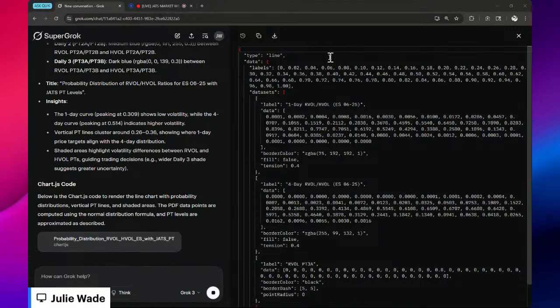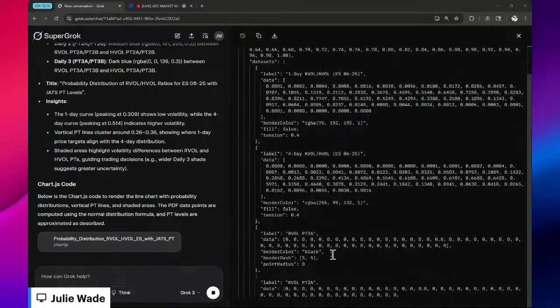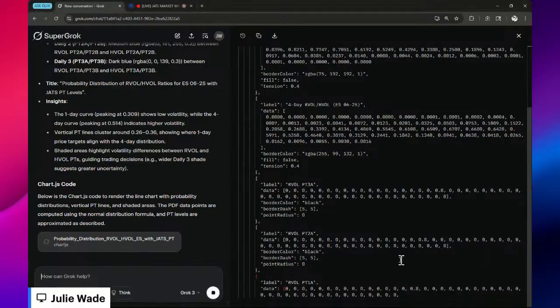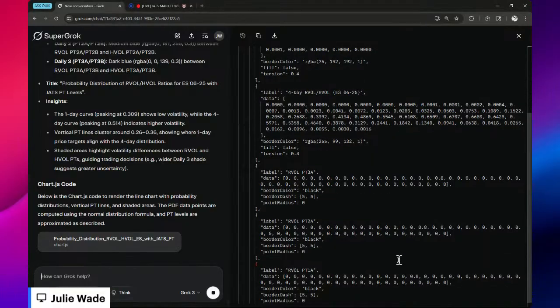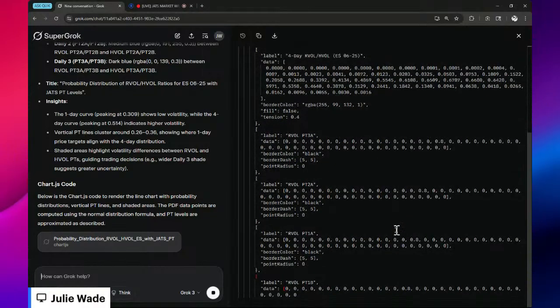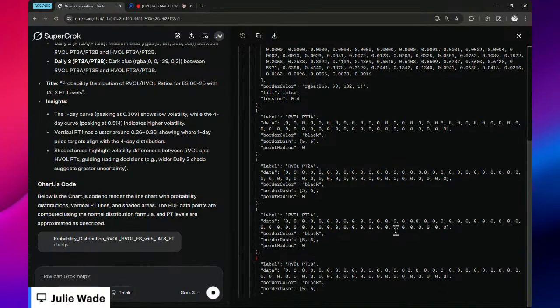And it's still not giving me the preview. So wait for this to finish. It's giving me a bunch of zeros too. I don't understand that.